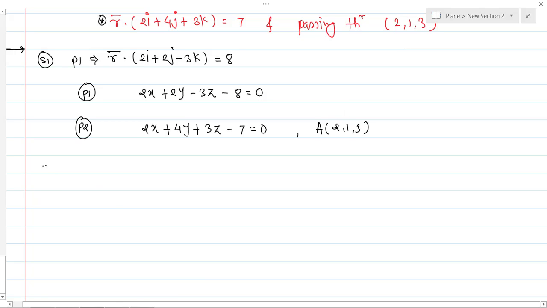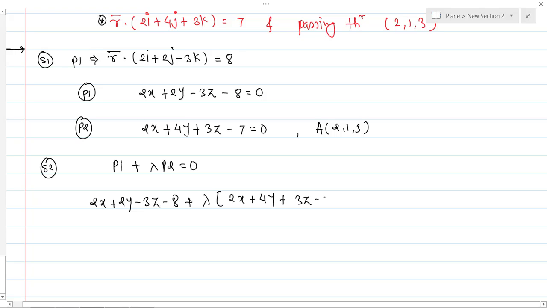What is step number 2? Write down the equation of a plane passing through the intersection of two planes, which is nothing but P1 plus lambda P2 equals 0. So P1 is 2x plus 2y minus 3z minus 8 plus lambda into 2x plus 4y plus 3z minus 7 equals 0.